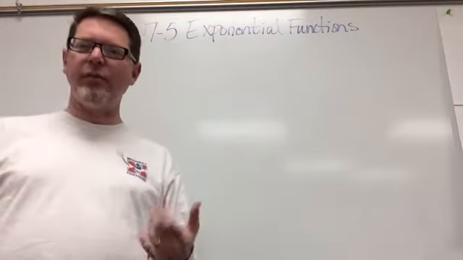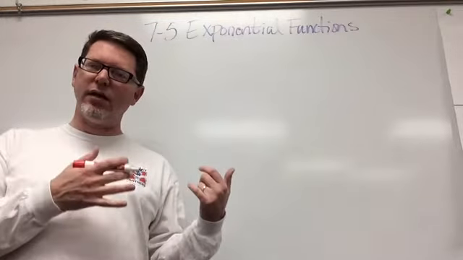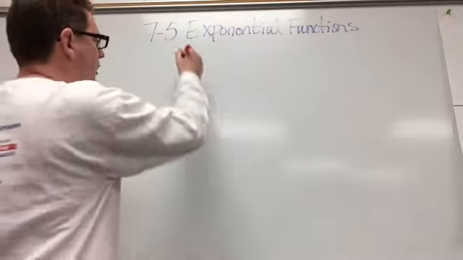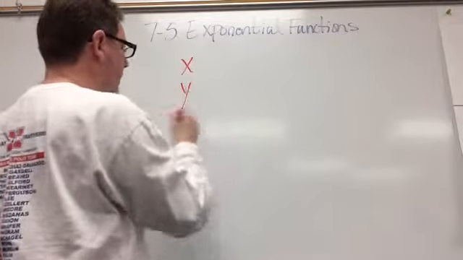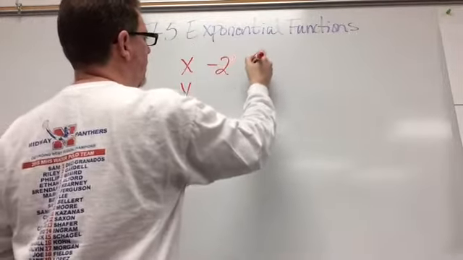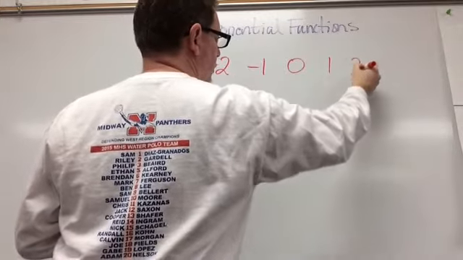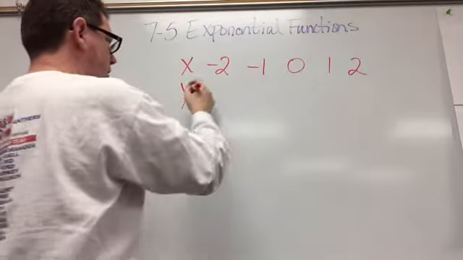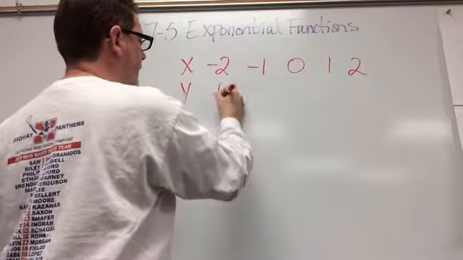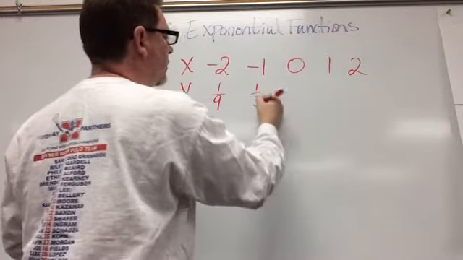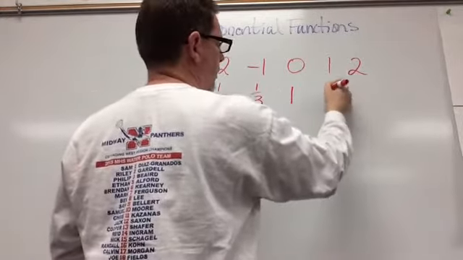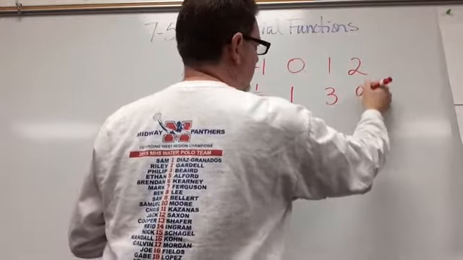So I'm going to take the same information that we had from the table in the first problem that we did, and I'm going to do it sideways, x and y. And we know our x was -2, -1, 0, 1, and 2. And our y values were 1/9, 1/3, 1, 3, and 9.